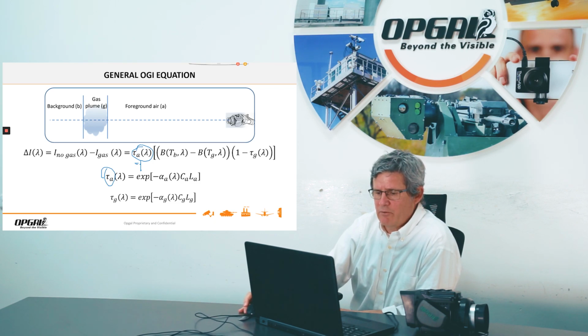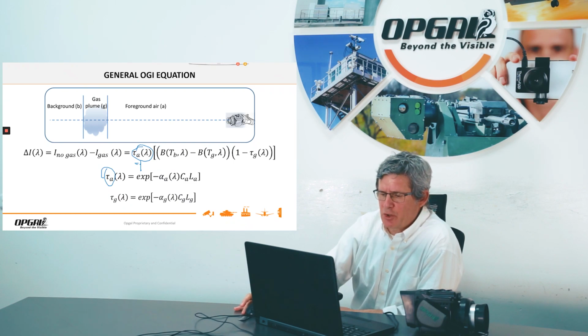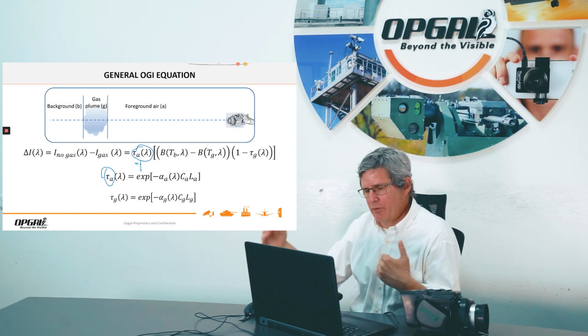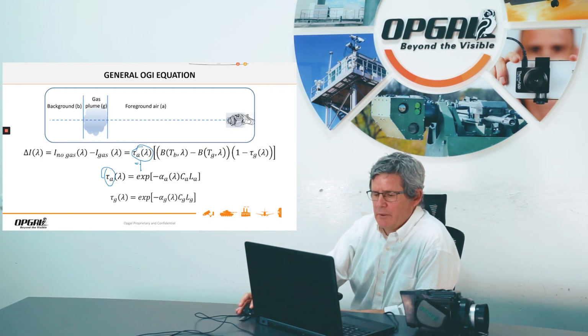And this is derived from Beer's law, that says that the transmission is the exponent of the absorption or extinction coefficient times the concentration of the substance times the path length through the plume or the air.